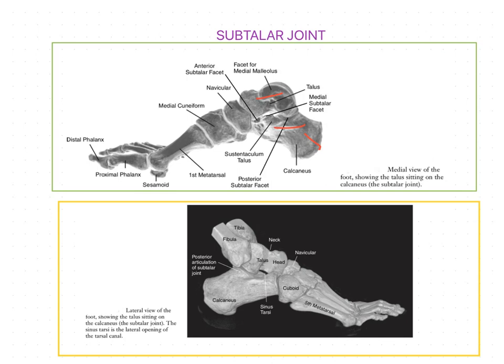Here the joint is formed by the talus superiorly and the calcaneum inferiorly, and in between these two bones we have three separate articulations.